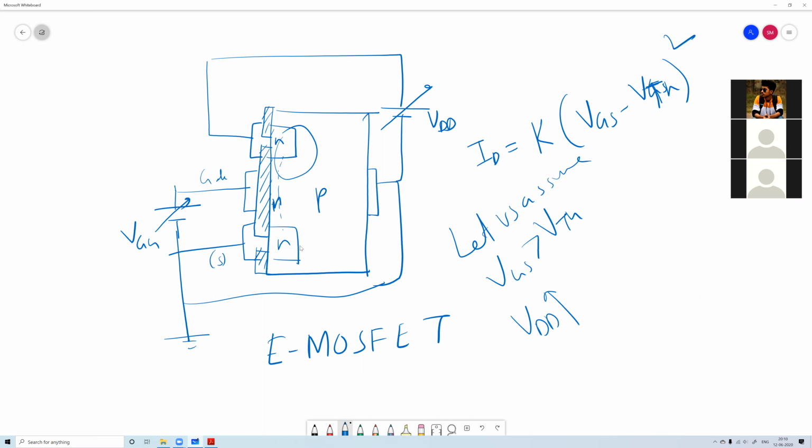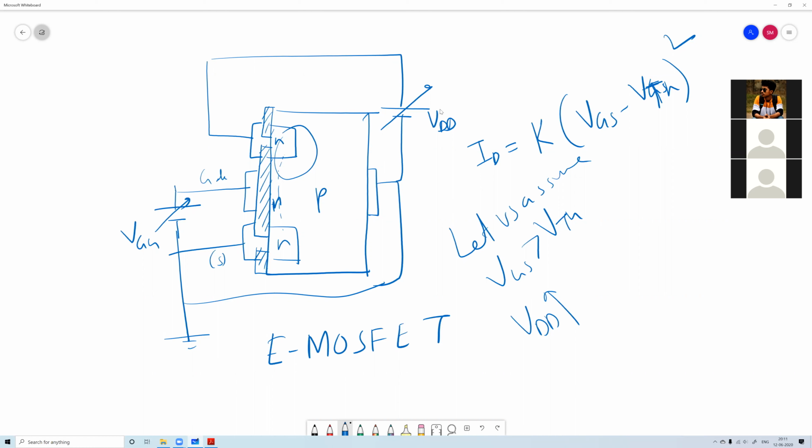What will happen if I increase VDD now? The reverse bias voltage will increase, right? So the depletion region near the drain will be larger, area of current flow will be smaller, resistance will increase, and the current will saturate exactly the way we discussed for JFET and D-MOSFET.